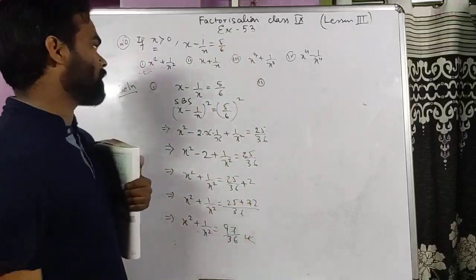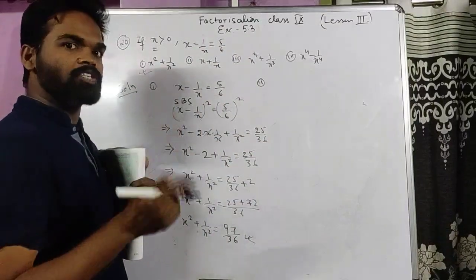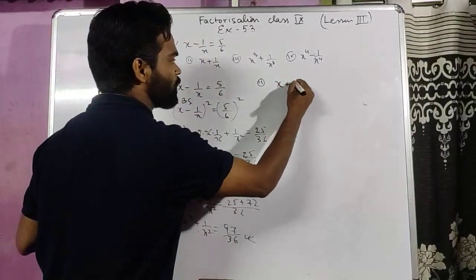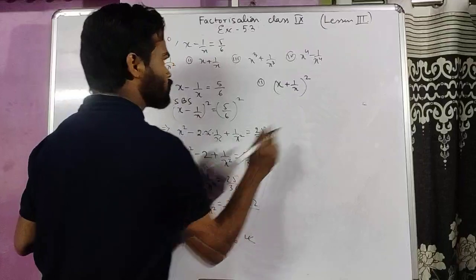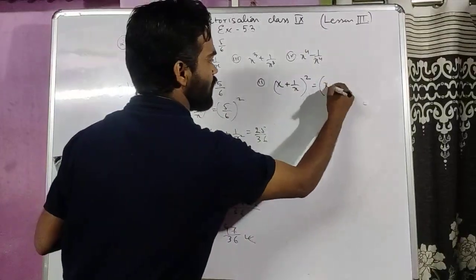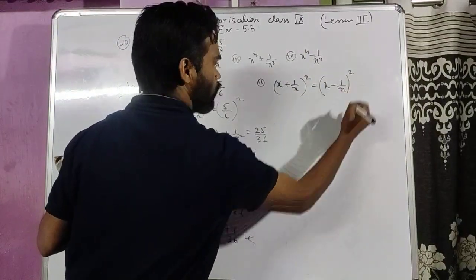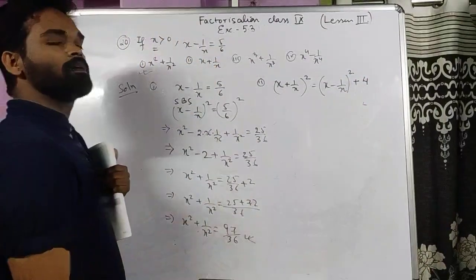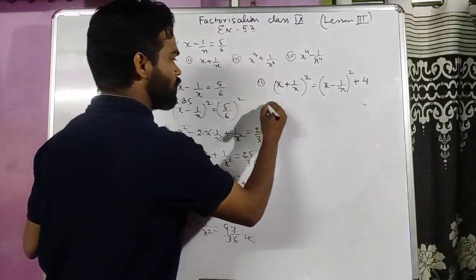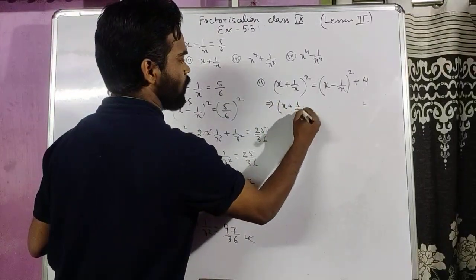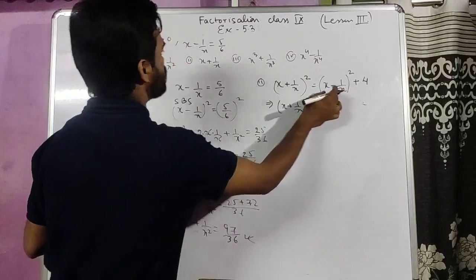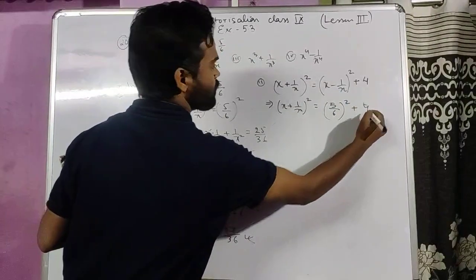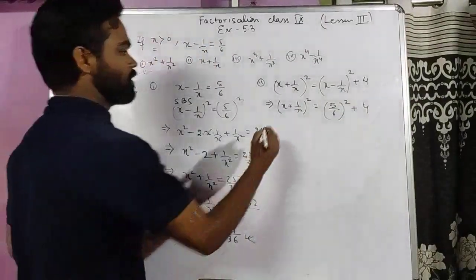They've given x minus 1 by x and x plus 1 by x. Now we have done in the expansion chapter, there's a relation between these two. I can write x plus 1 by x whole square as x minus 1 by x whole square plus 4. This we have done in the expansion chapter. So now can I tell x plus 1 by x whole square is equal to x minus 1 by x, we know the value, isn't it?